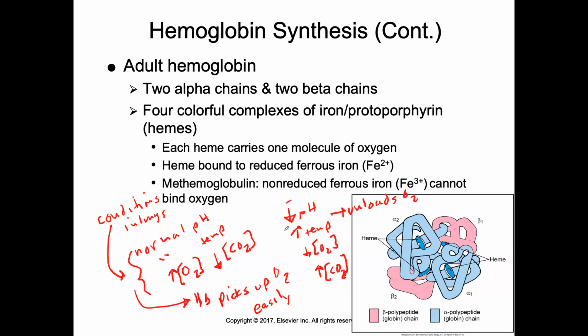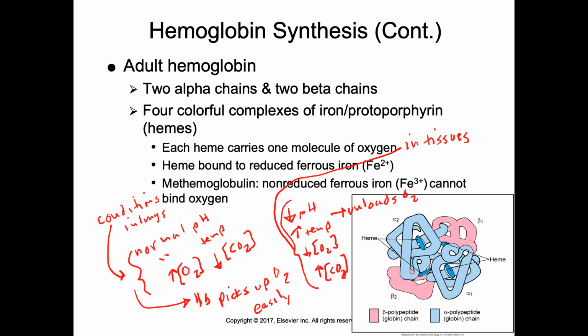And those are the conditions that exist in your tissues. So this is the perfect protein to do this job. Otherwise, we wouldn't be able to carry enough oxygen in the body to keep us alive.